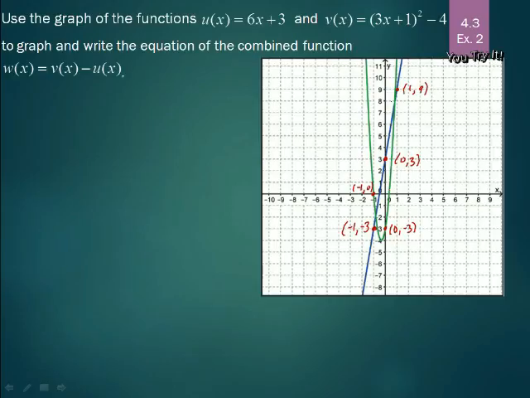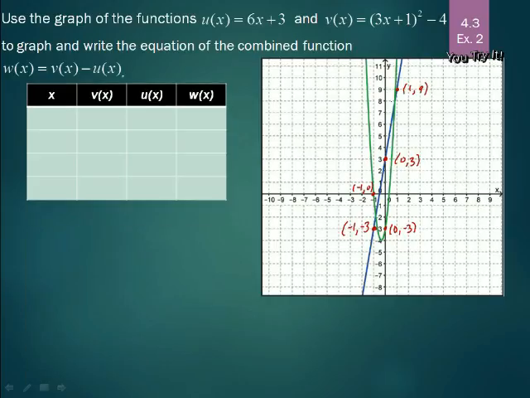So let's go ahead and put these in a table. We saw at -1, v of x, we had 0, and then u of x, we had -3. For when x equals 0, for u of x, I saw that one first, we have 3, and then for v of x, we have -3.